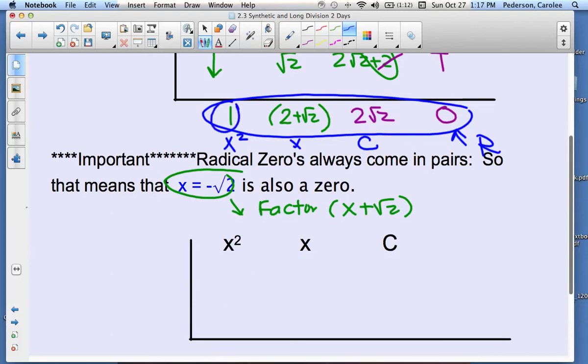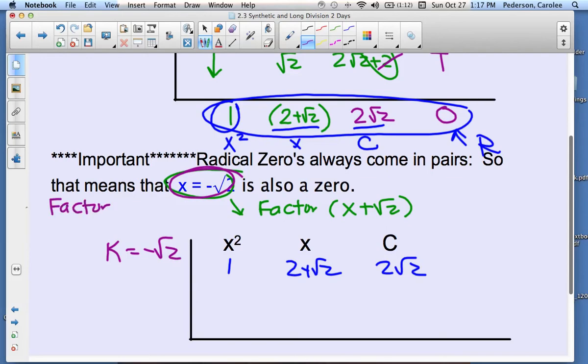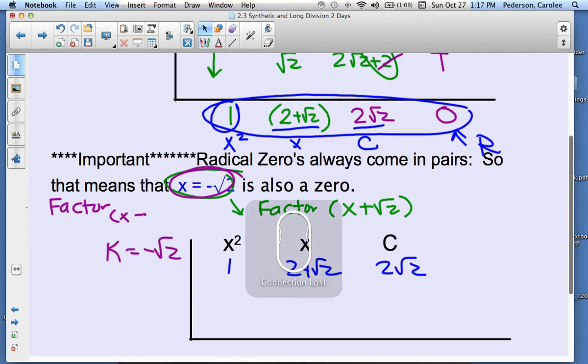So it's 1 x squared, 2 plus 2 square roots of 2, and then c, which is 2 square roots of 2. And we're factoring out by a k, which is negative square root of 2, or as a factor, x plus the square root of 2. I always do the opposite of its factor, but that's the 0.